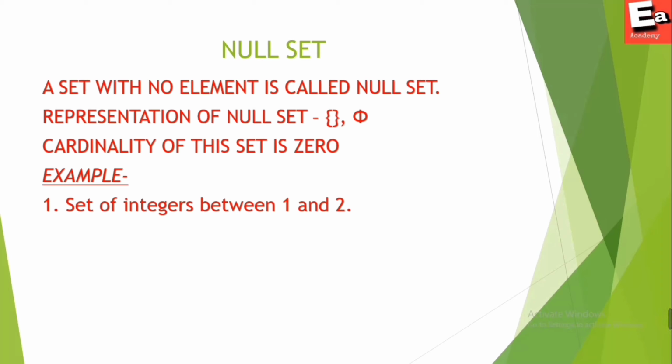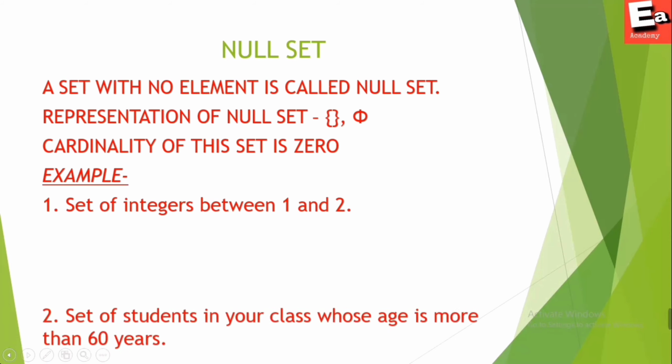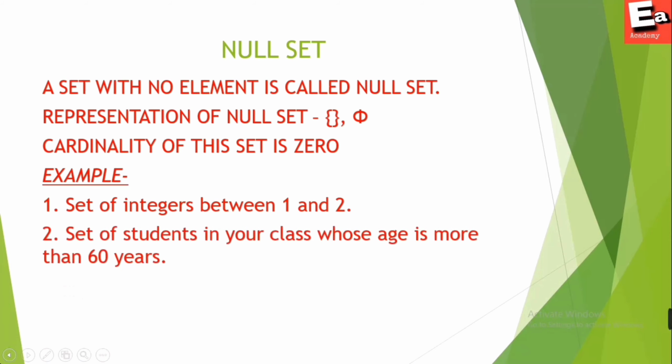Because there are no integers between 1 and 2. So the set of integers between 1 and 2 will be a null set, and the cardinality of this set is 0. Suppose I ask you to write down the names of students in your class whose age is more than 60 years, then it will be a null set, because you will not find any student in your class whose age is more than 60 years. So these are a few examples of null sets.